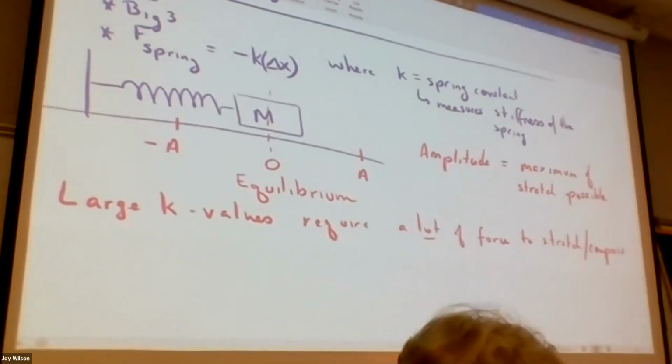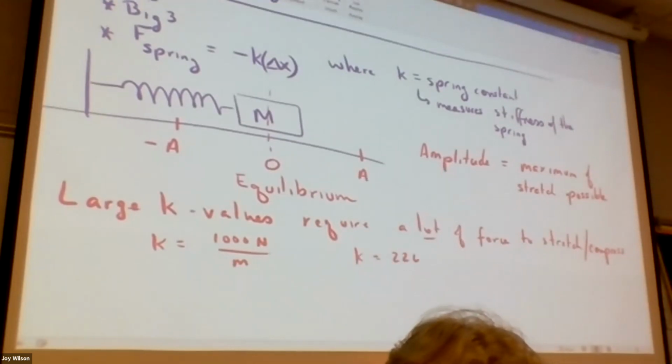So large K values might be something like K is 1,000 newtons per meter, or K is 22,000 newtons per meter. Those would be large K values.